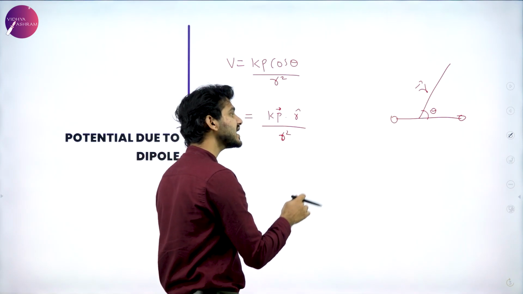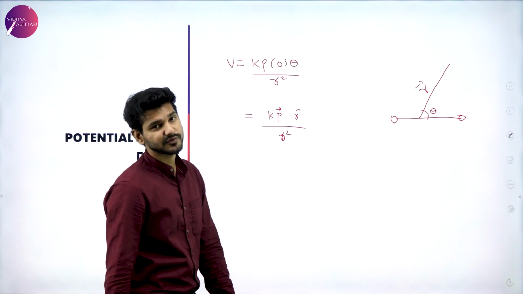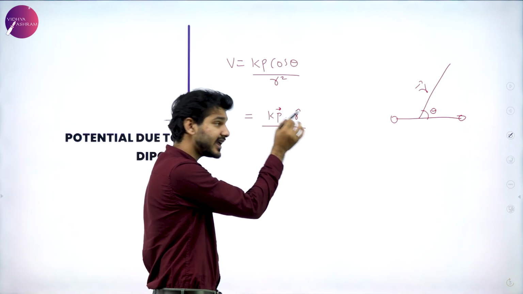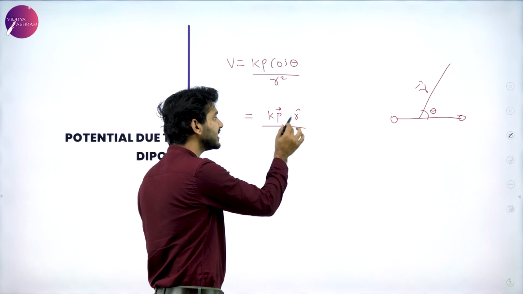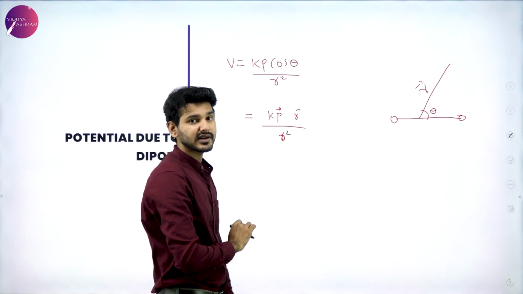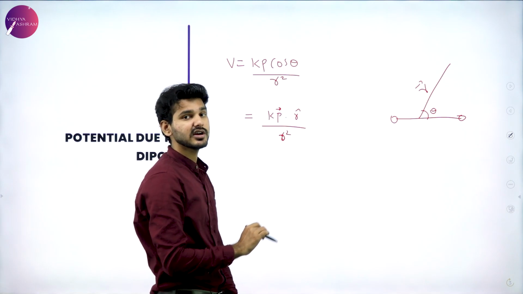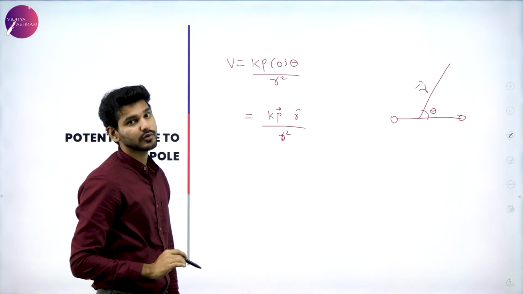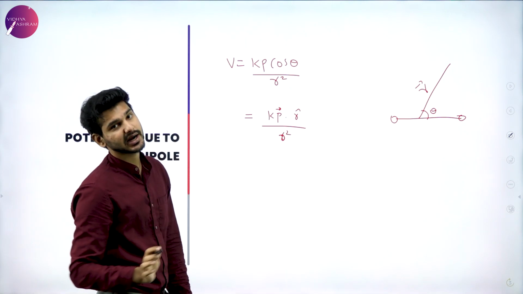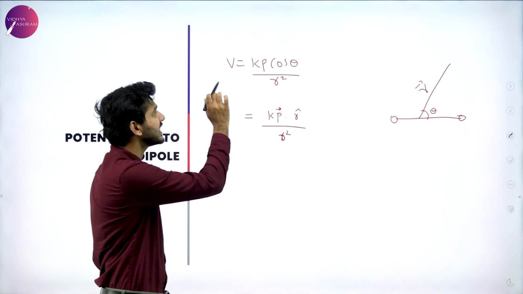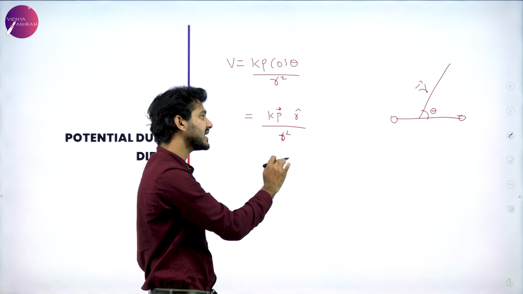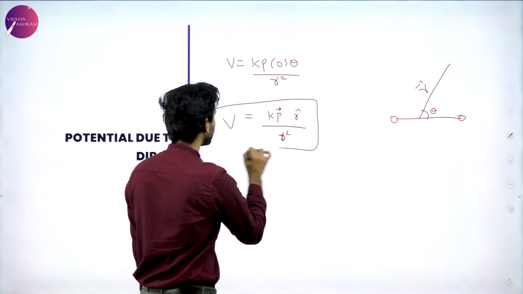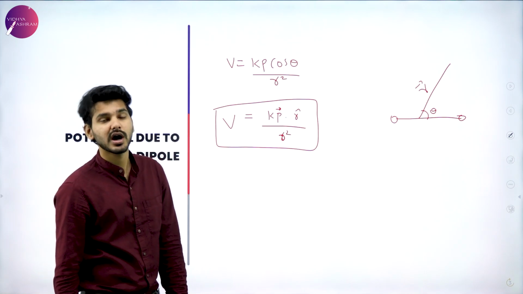So to indicate that, we put a unit vector like this, so as to indicate that the angle is between the dipole moment and the unit vector, or the direction vector. So in order to specify that, we put kp dot r cap, and that is how we write kp cos theta by r square as a vector term. So this will give you the potential due to a dipole.